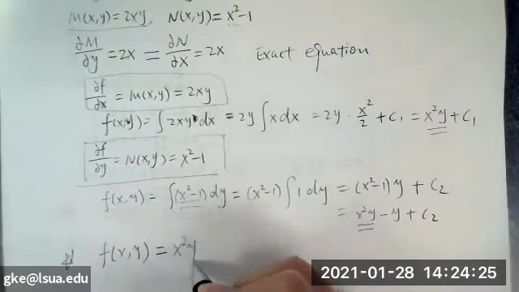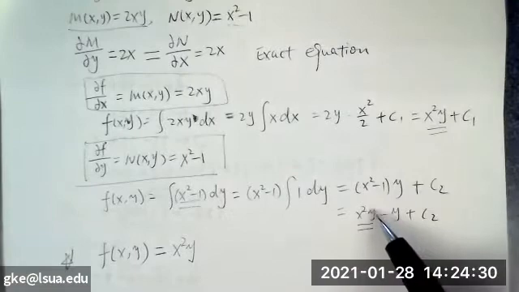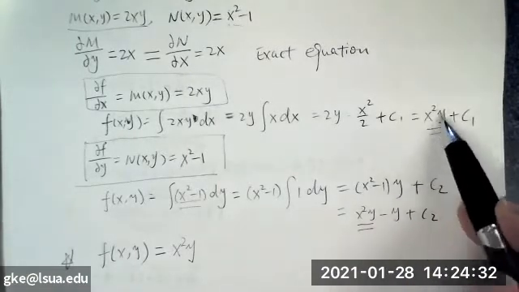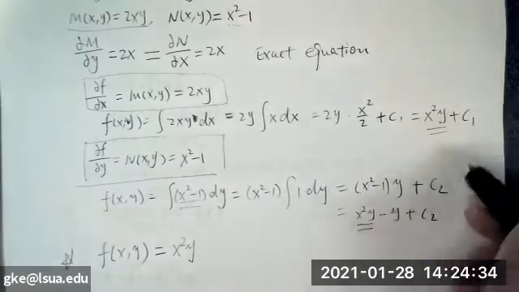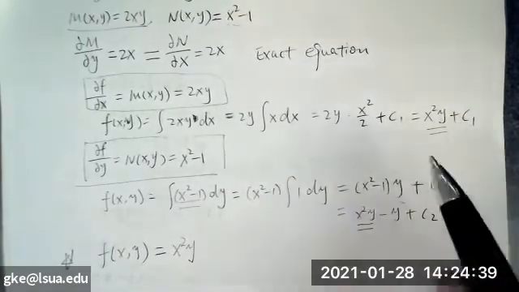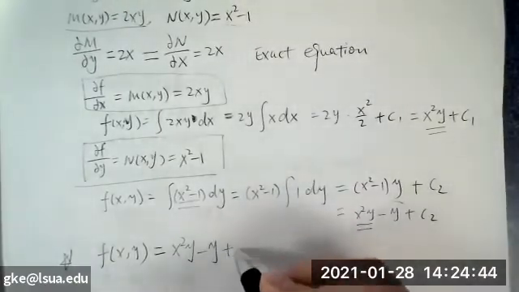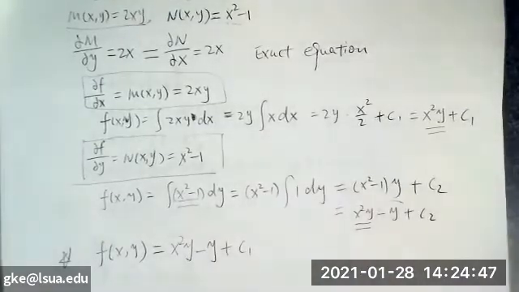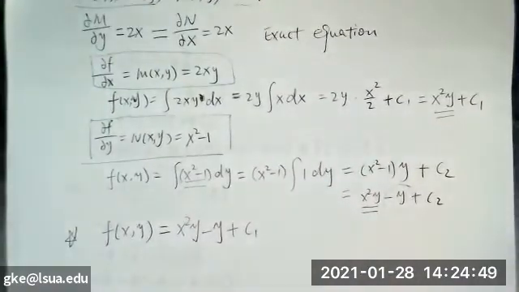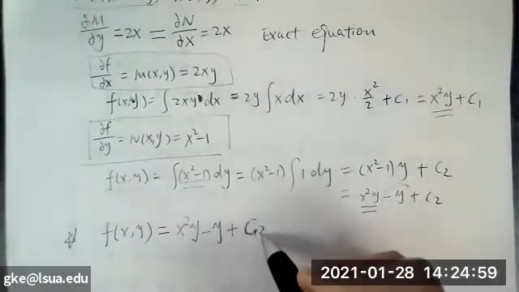If there's a repetition, like x squared y, we just pick one. And we found that here we have an extra term, negative y. Here it doesn't have negative y, so just pick the negative y. And you also can pick a constant C1. We find the function that is x squared y minus y plus C1, or plus C3, for example.